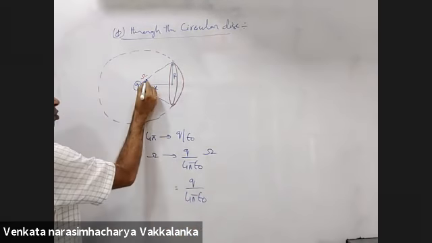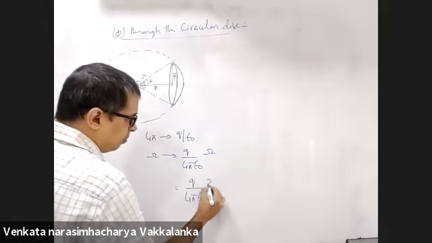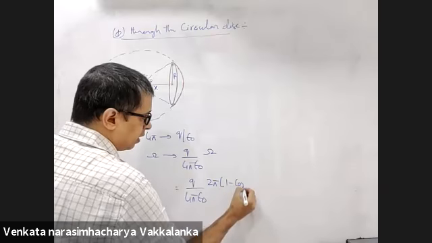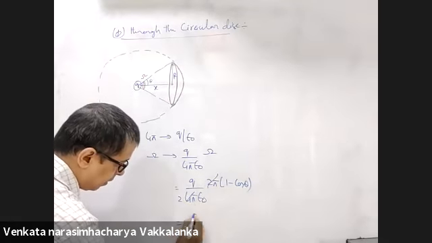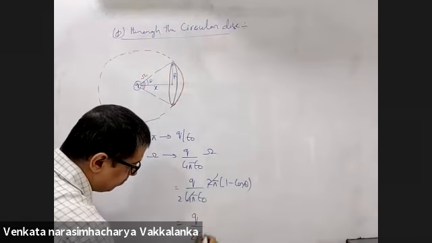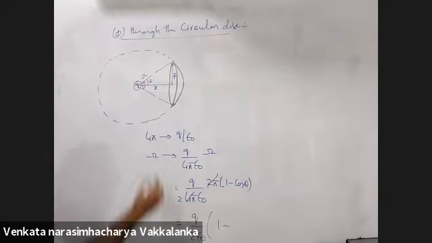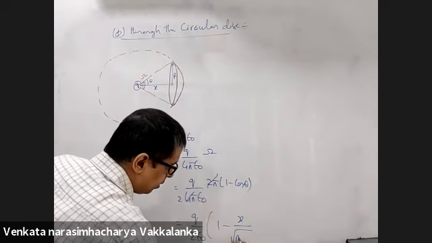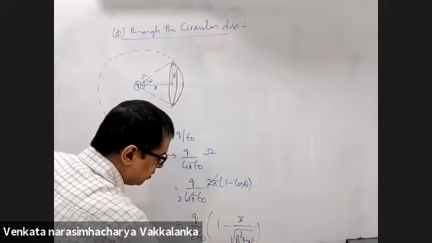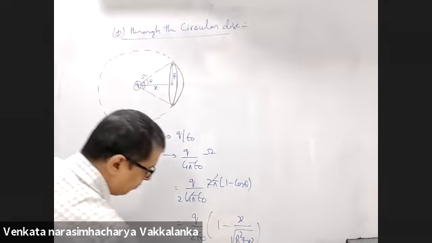How much is this solid angle? It will be 2 pi into 1 minus cos theta. So the flux is Q by 2 epsilon naught into 1 minus cos theta. What is cos theta? x divided by root over of r square plus x square.